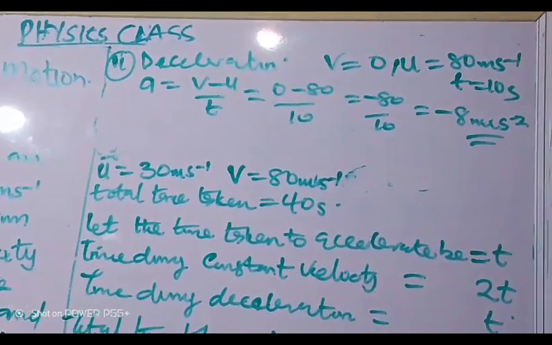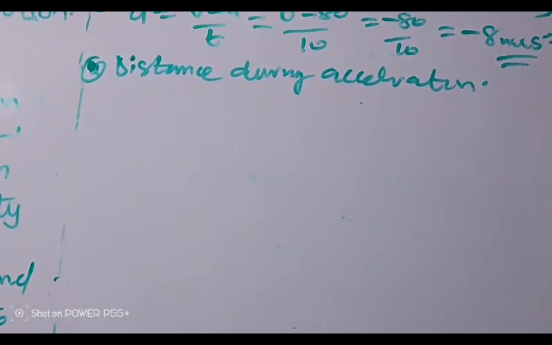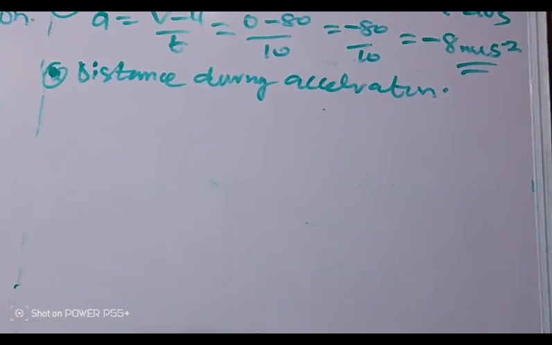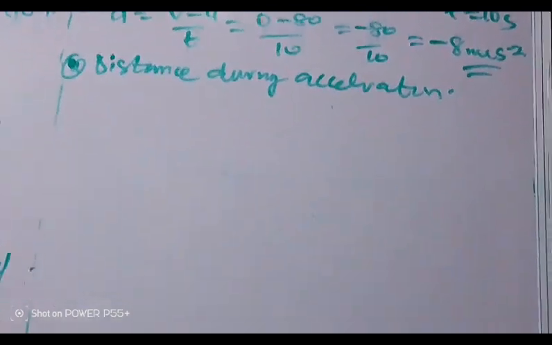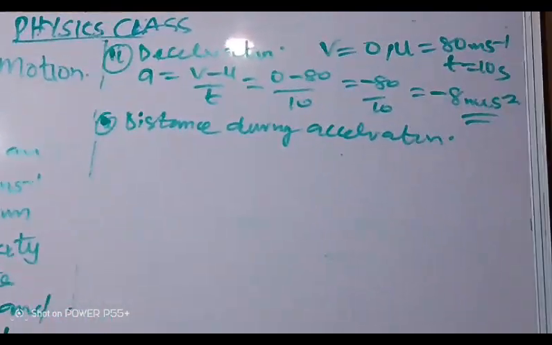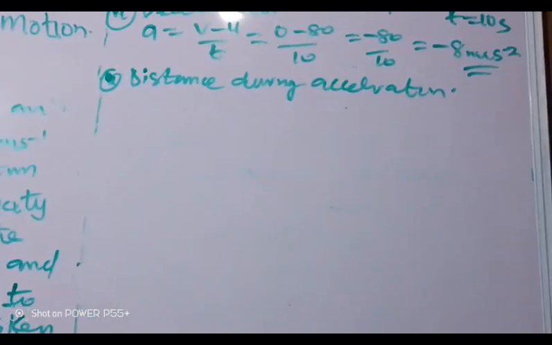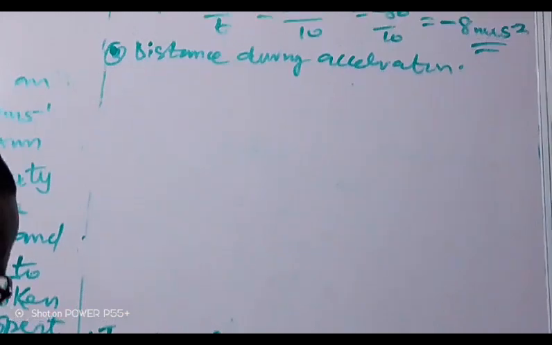And the next thing is distance during acceleration. Now, as usual, let's come here again. The velocity V is 80, U is 30. Then what else do we need?